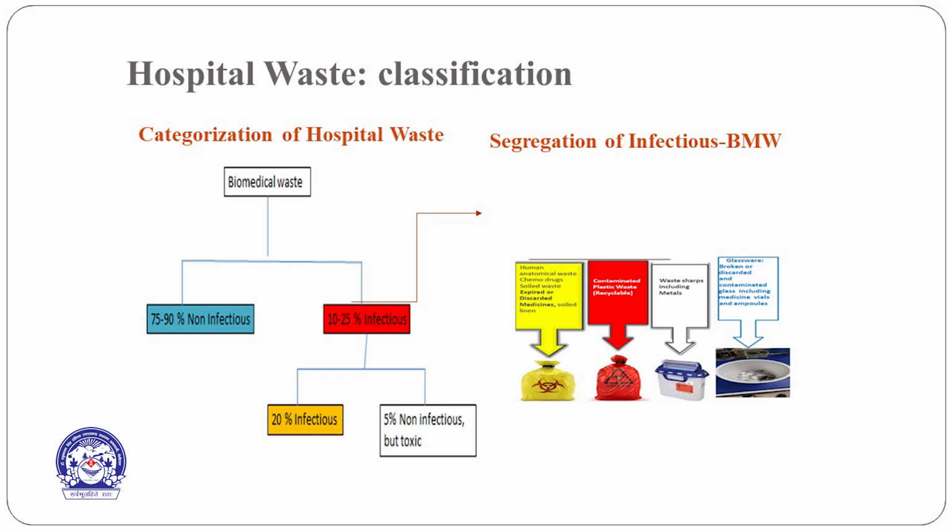So in order to avoid making that 80% general waste also infectious, we have to do segregation of the infectious waste. For that, the Biomedical Waste Management Rules 2016 have revised the categories of waste into four categories: yellow, red, blue, and white, which we will be discussing in detail.